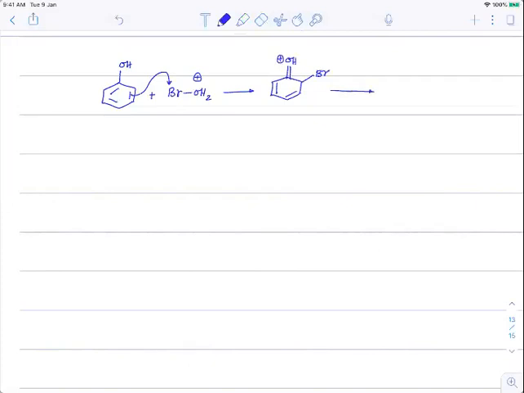Now you keep this for several times, Br2 several times in water. So you will get bromine coming on all the positions, and finally we will be left with 3 bromines at ortho, para positions. Okay, beta.